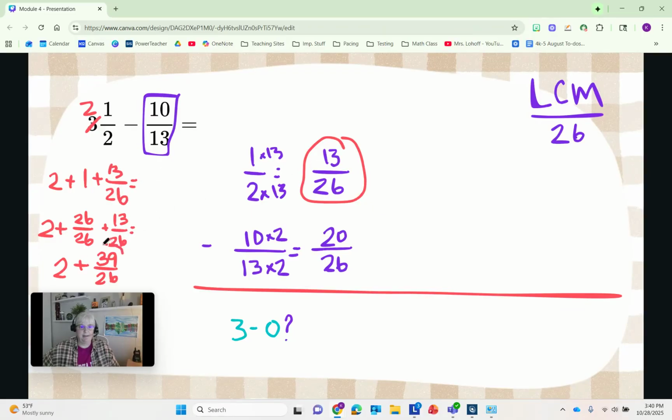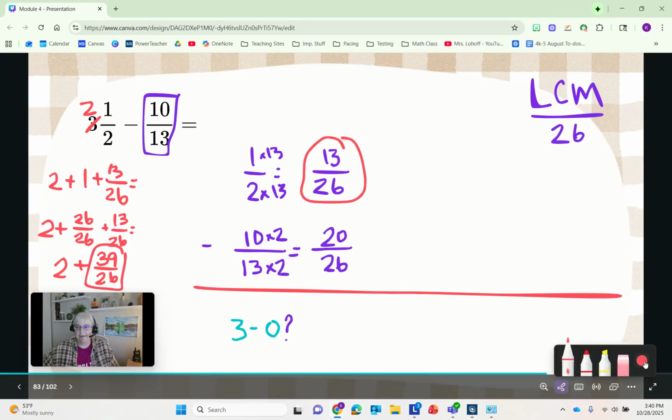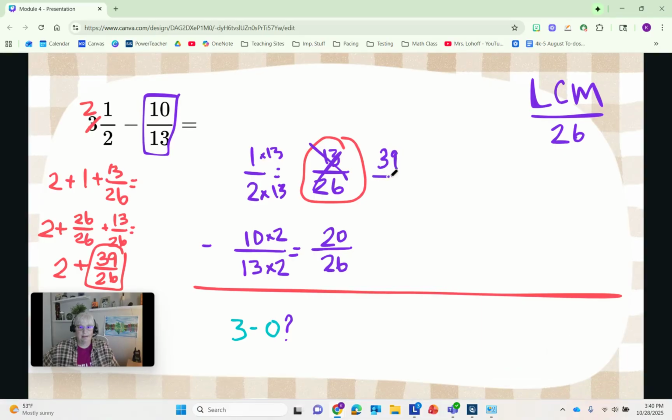And I'm going to replace this fraction with 39/26 because we renamed. So we're not going to use this. We're going to use 39/26.